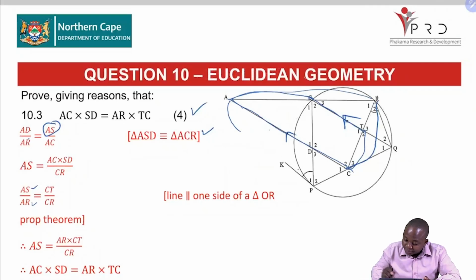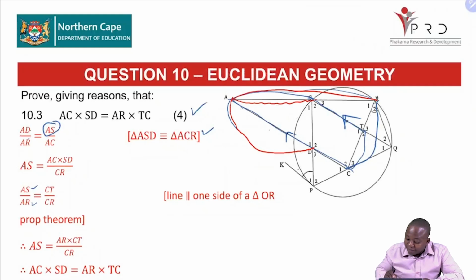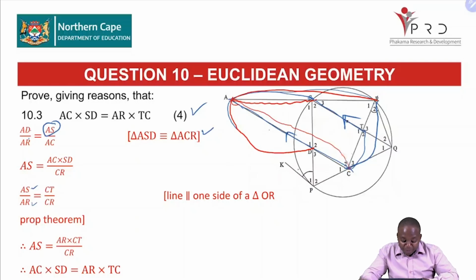So AD over AR, because we're proving this proportionality, is equal to AS all over AC. So this was proven from proportionality. So that is what we are having in that case.